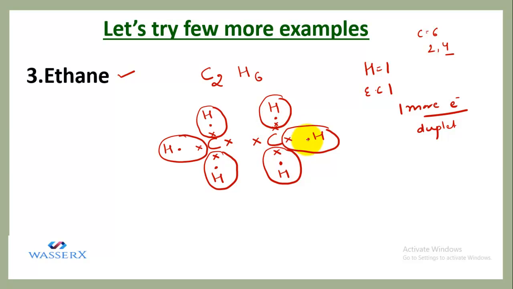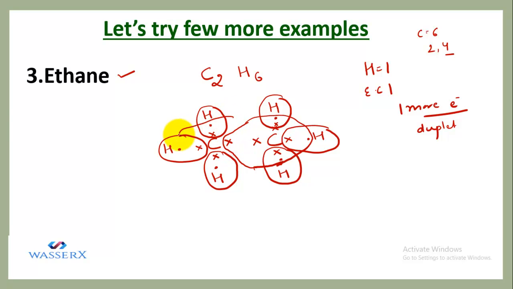3 it will get from these hydrogens. So that means if I am drawing for this carbon, so this is already 2, 4, 5, 6. 1 is 7 and 1 it will share from this carbon.